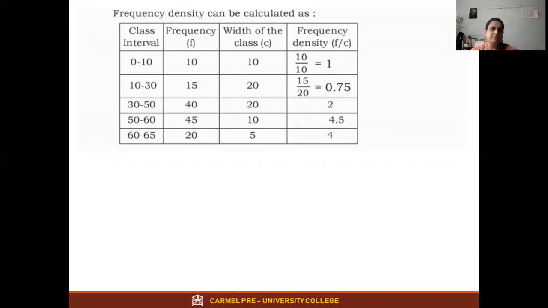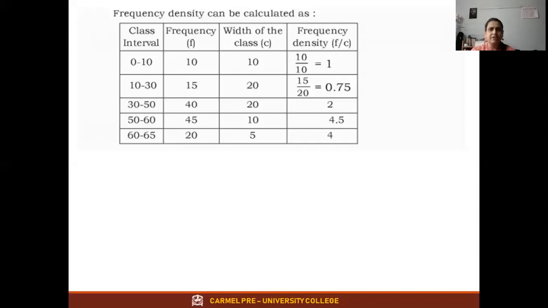Upper class limit minus lower class limit. 30 minus 10, 20. Next, 50 minus 30, 20. Next class interval, 60 minus 50 is 10. That's how you find out the width. Next is 60 to 65. How do you find the width? 65 minus 60. So first find the width, then frequency density is F by C.